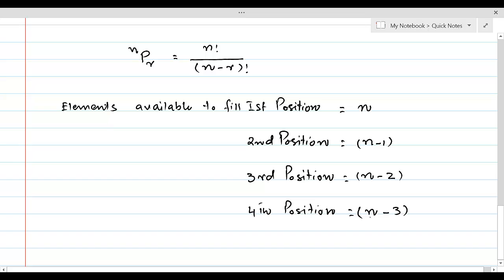There is an interesting pattern you can see: for fourth position, the number being subtracted from n is 1 less than 4. If it is 4 on the left side, there is 3 on the right side. And if it was 3 on the left side, then the number being subtracted is 2, that is 1 less than 3. And similarly, if it was second position, then what is being subtracted from n is 1.